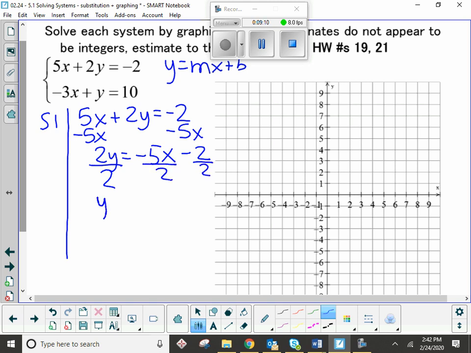So I have y equals negative 5/2 x minus 1. Yay. And here's what we're going to do with that. We're going to graph the y-intercept first, and then use the slope to get the second point. Which thing is the y-intercept, the 5/2 stuff or the negative 1? Negative 1. So drop a point right there, 0, negative 1.